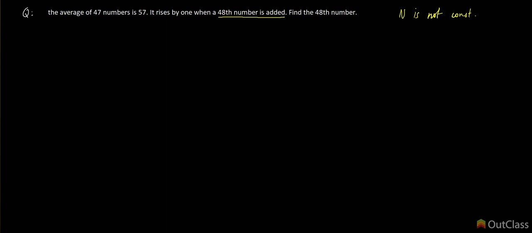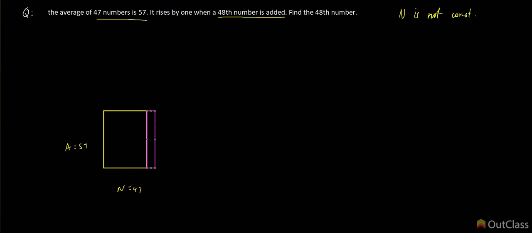So if you have 47 numbers with an average of 57, that can be represented by a 47 by 57 rectangle. N is equal to 47, A is equal to 57. And the area of this rectangle is the old sum. Now, if the 48th number is also equal to 57, the average wouldn't rise or fall, the average would hold.